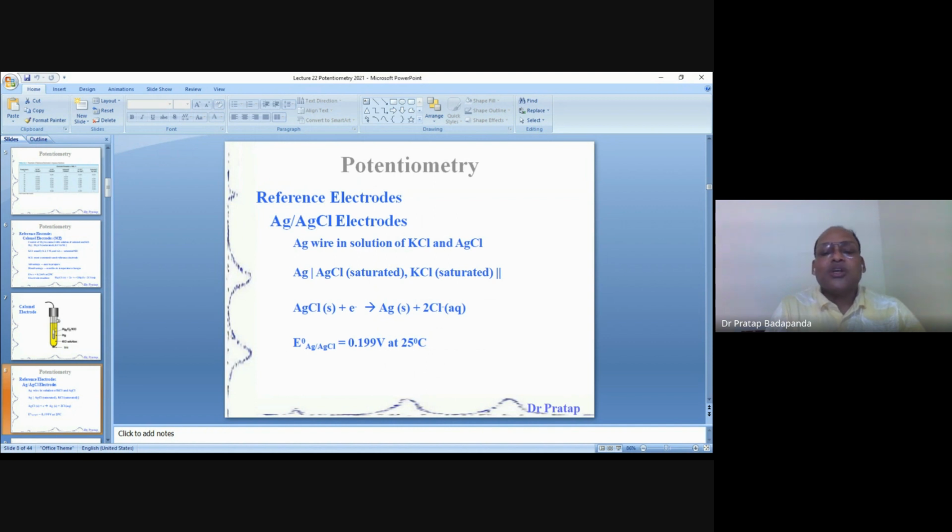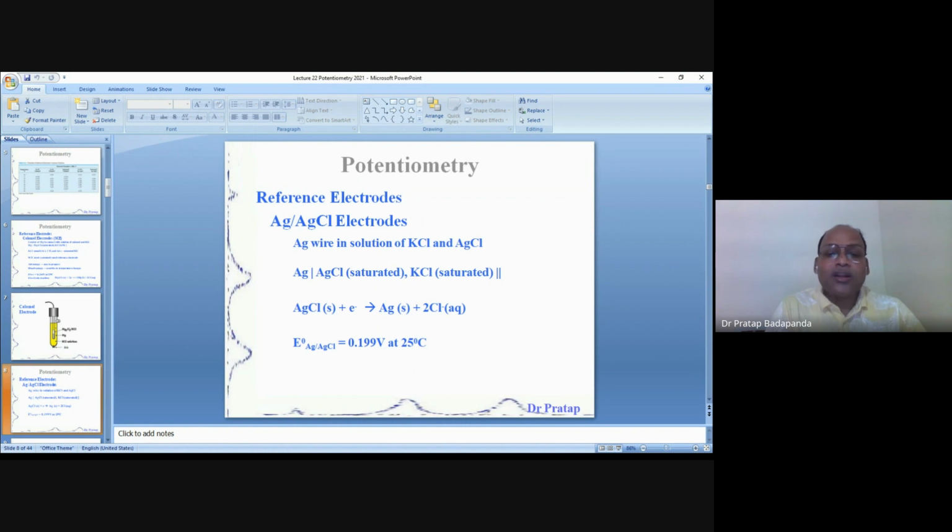Here silver chloride will accept an electron and give Ag plus 2Cl minus. This is the representative equation, because you know that AgCl gives rise to Ag plus and Cl minus. When Ag plus is there, it needs another electron for the reduction. So in the reduction part, 2Cl minus.